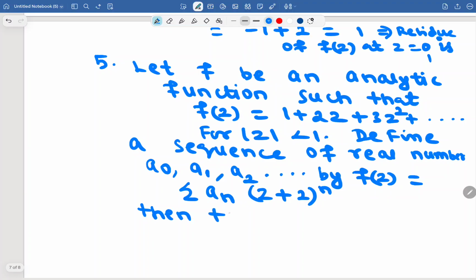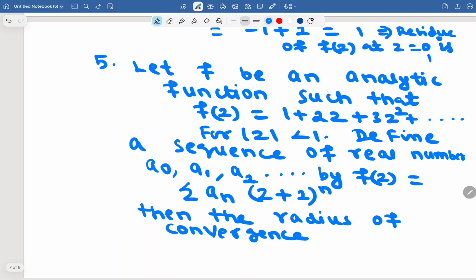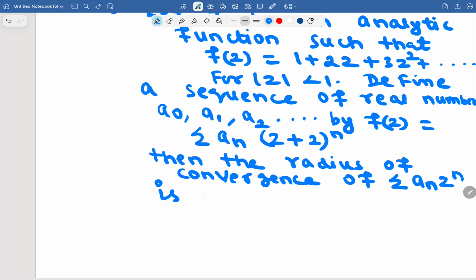Then the radius of convergence of summation an z power n is: option A 1, option B 2, option C 3, option D infinity.